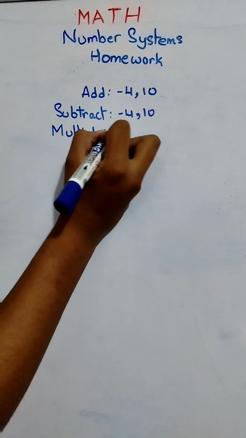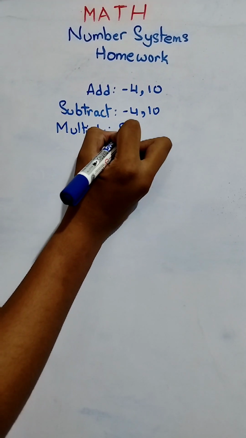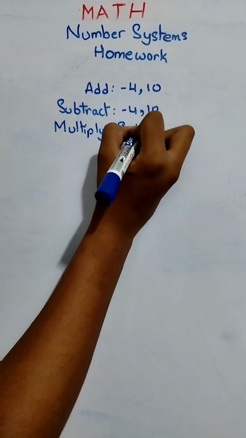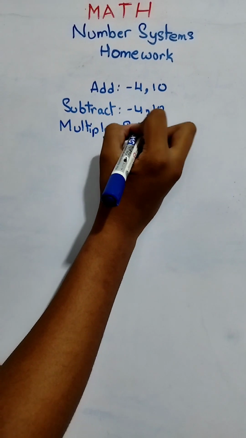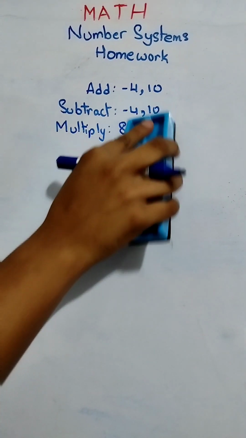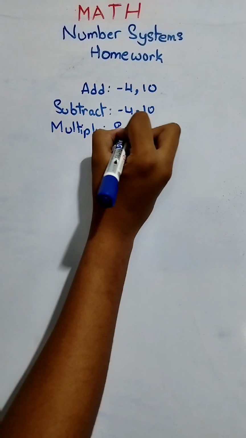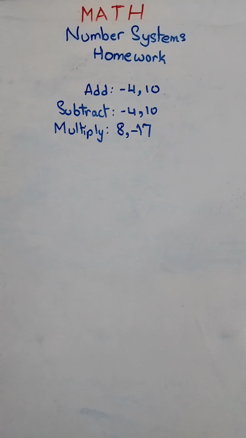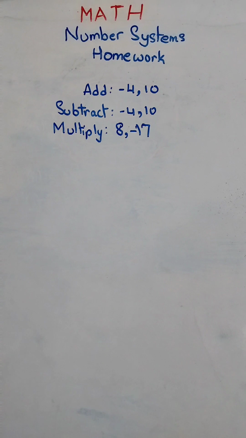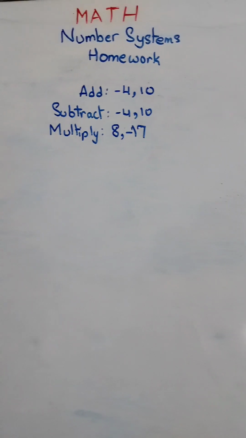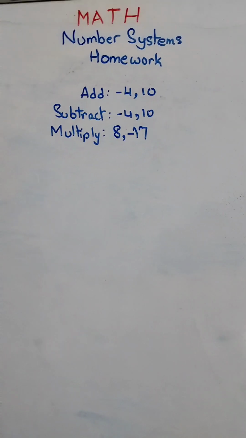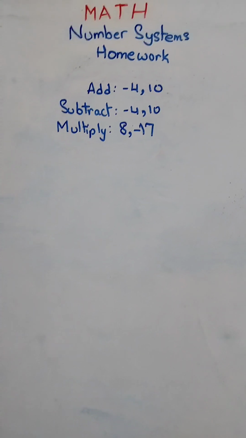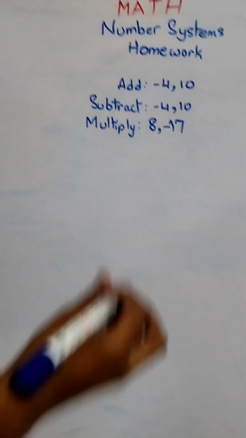We'll take 8 and -17. It's a little complicated, as we have gone above the easy numbers, but you can try it out. It won't be too difficult also, because it's not a huge number. Go ahead and try it.